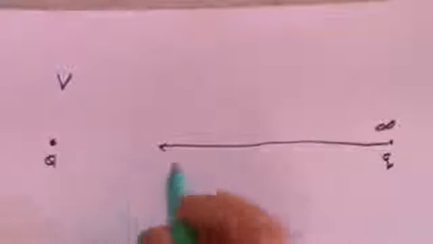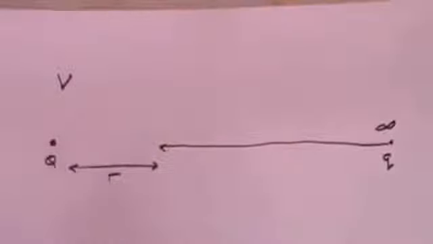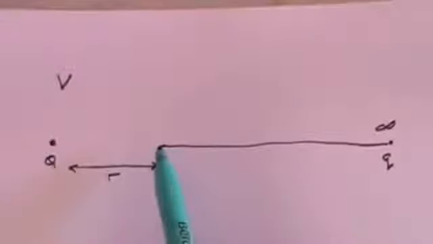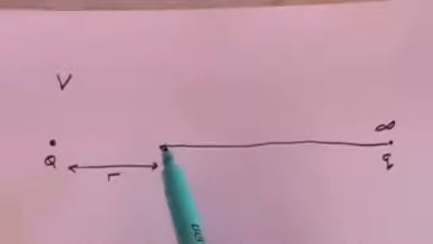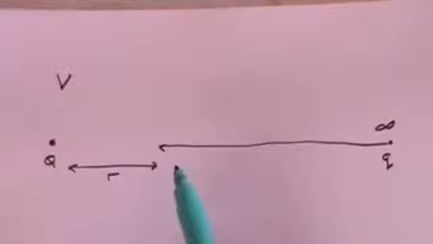Technically, if you have a charge Q, then the voltage is the work done to bring a test charge, little q, from infinity all the way in to a point which is a distance r away from the main charge Q. So the voltage is the work done to bring this test charge from infinity to this point. And that then becomes essentially the electric potential per unit charge.